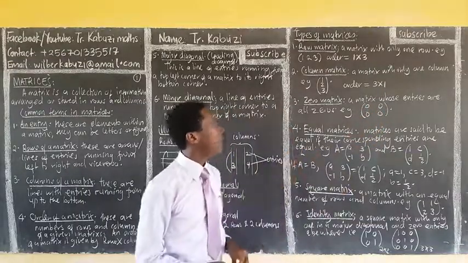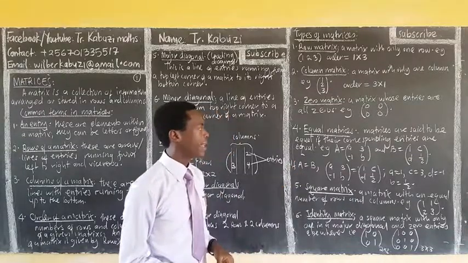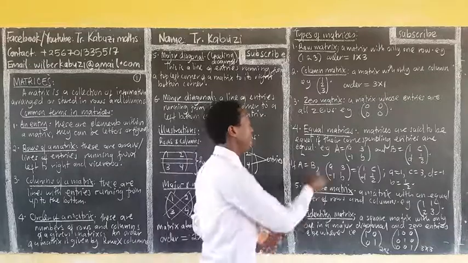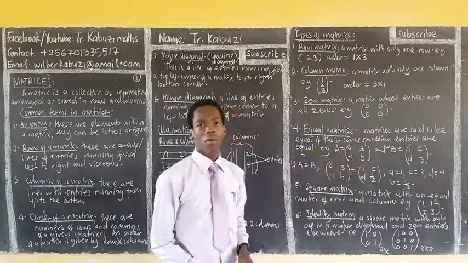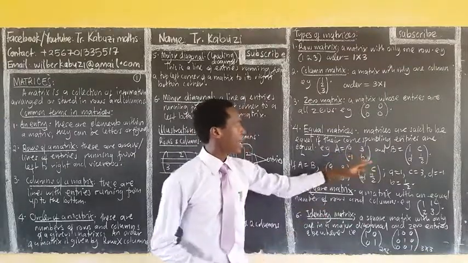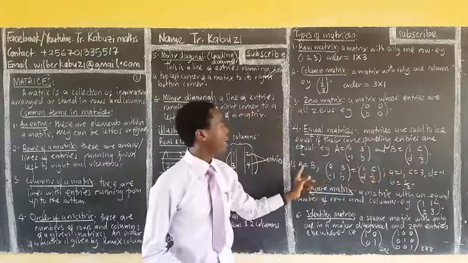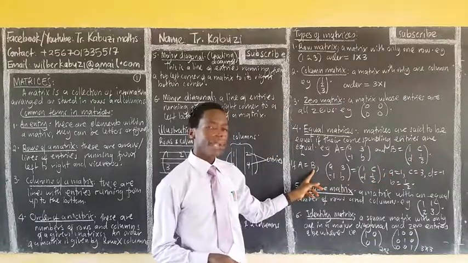Then equal matrices. Matrices are said to be equal if and only if their corresponding entries are equal. So if A is given by this and B is given by this, if A is equal to B, it means that their corresponding entries are equal.